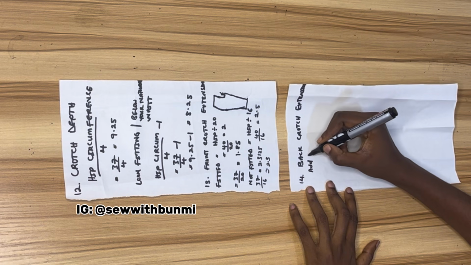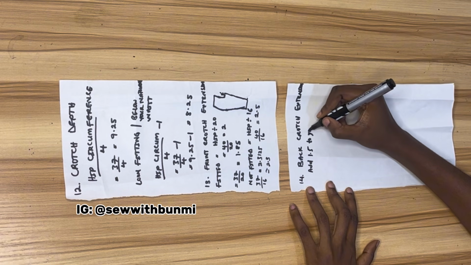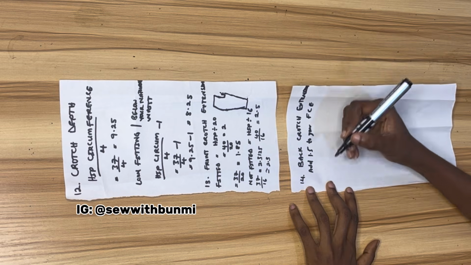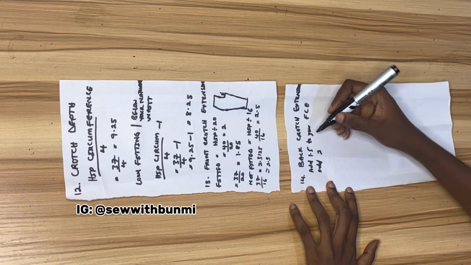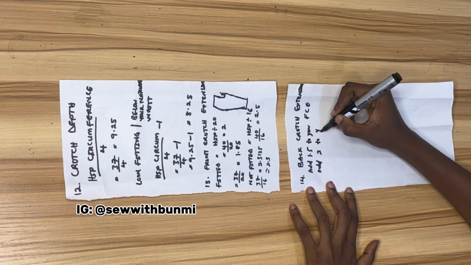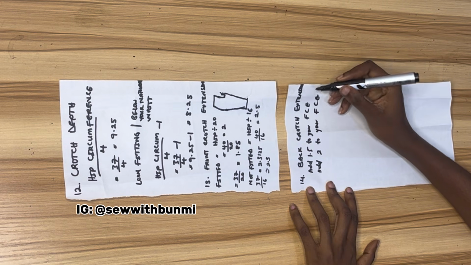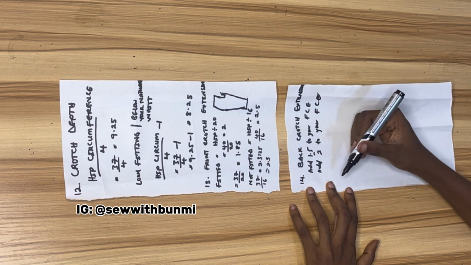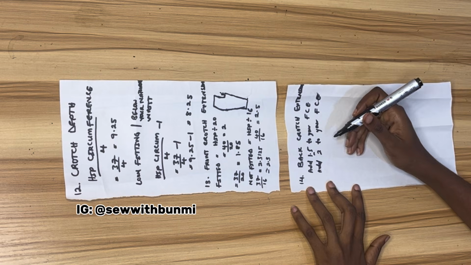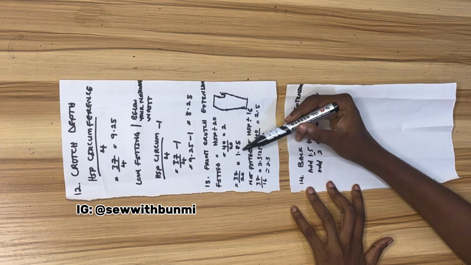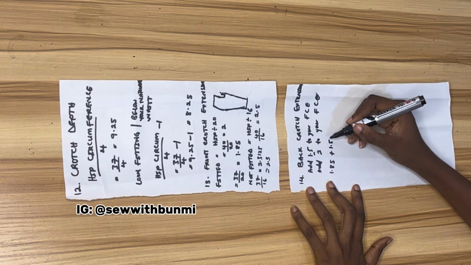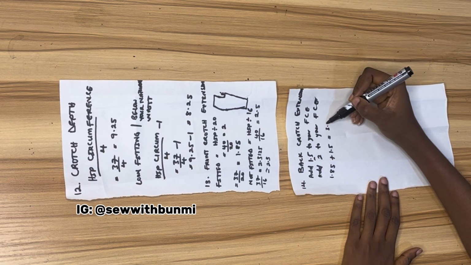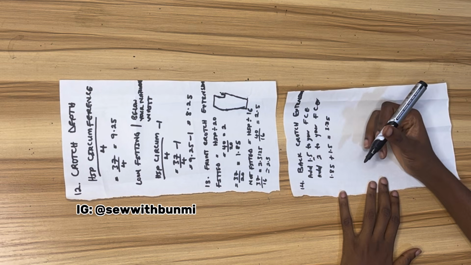If you have a small butt, you can add 1.5 to your front crotch extension, and if you have a big butt, then you add 2 inches. So if I'm working with a front crotch extension of 1.85 inches and I don't have a big butt, I'll just add 1.5 to it, and then I'll get 3.35 inches as my back crotch extension.